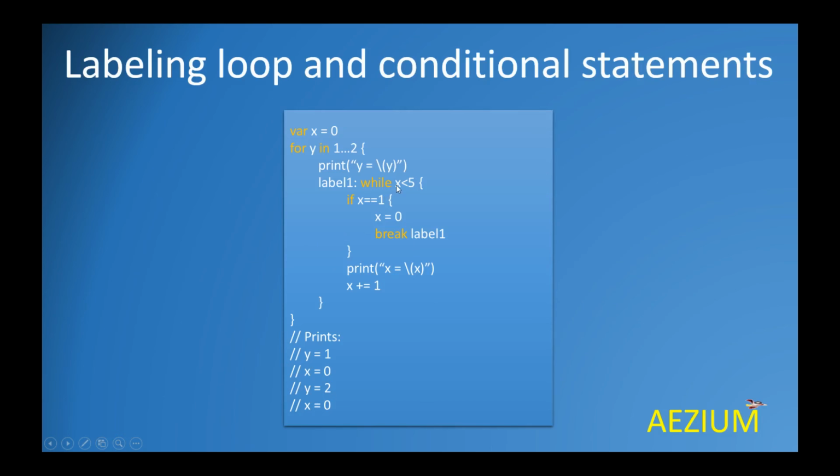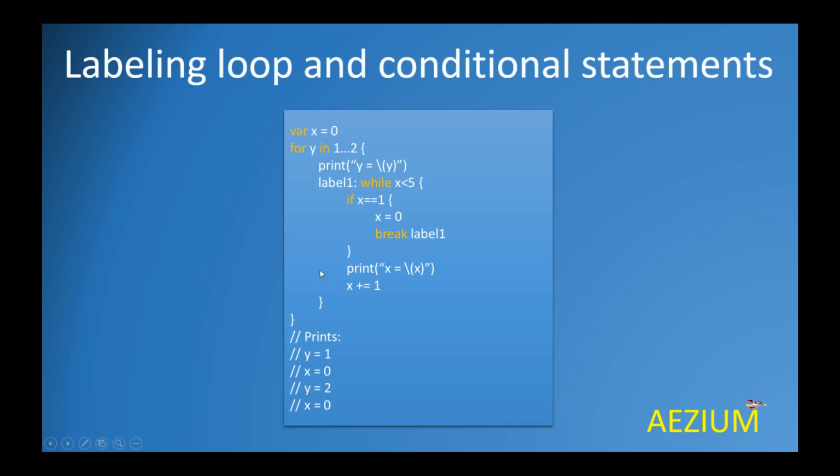The while loop is expected to repeat 5 times. So we enter the while loop, we compare the value of x, which is the loop parameter, with 1. If it is not equal to 1, we just continue with the rest of the code within the body of the while loop, and we print the value of x, and following that we increment the value of x by 1.